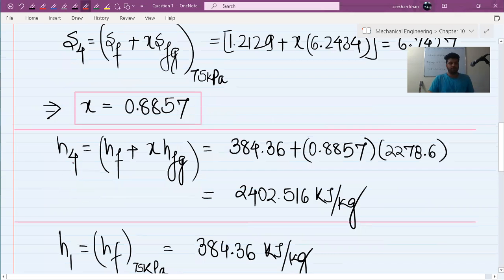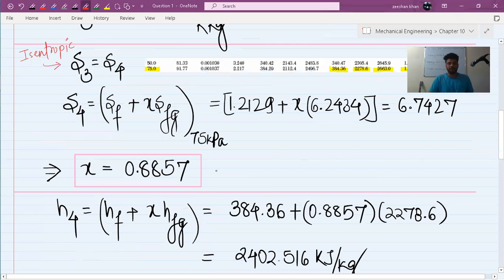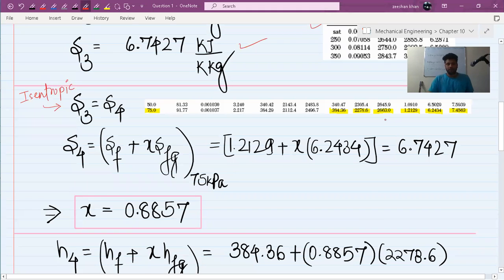Again, H4 is going to be Hf plus x Hfg, which can be observed from the table. So this is Hf and this is Hfg, and this is Sf and this is Sfg.